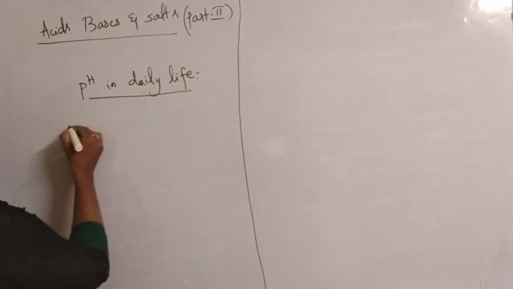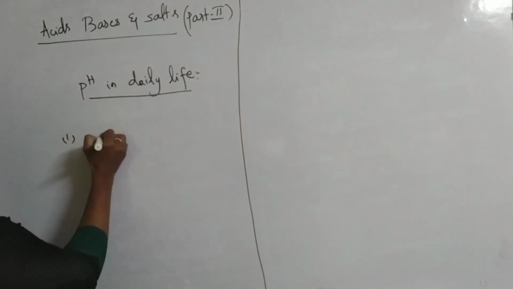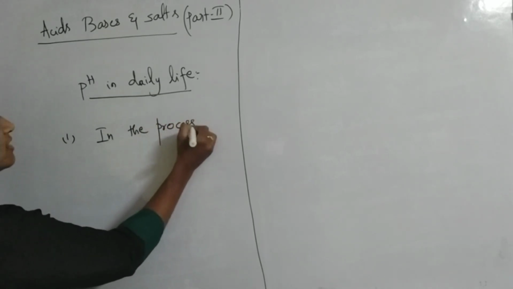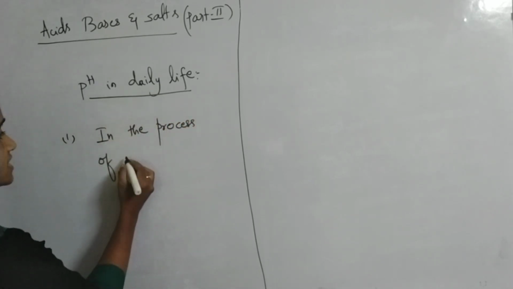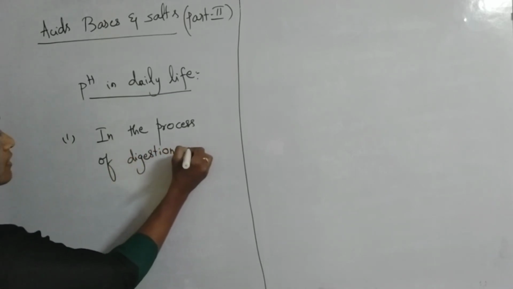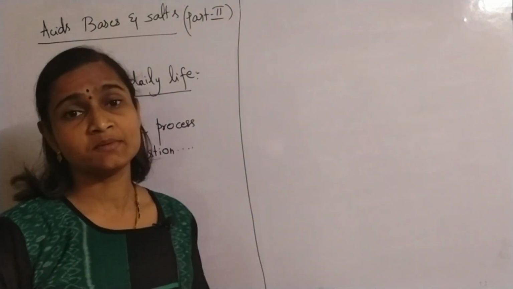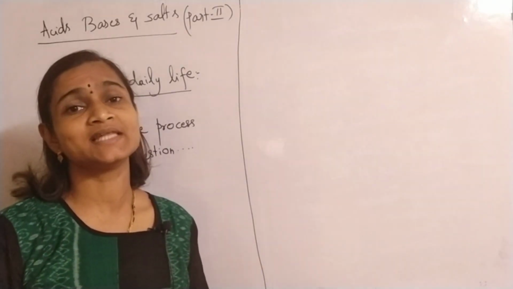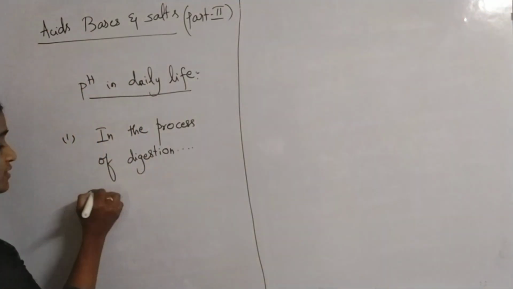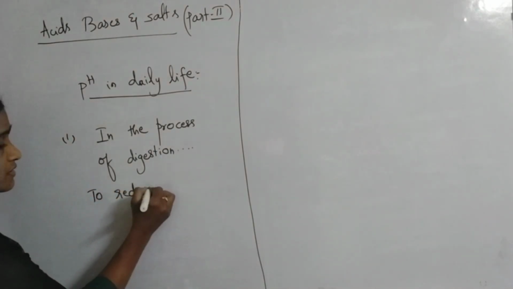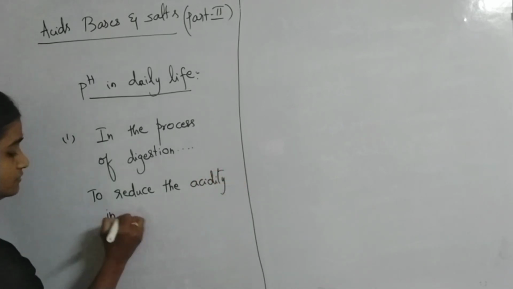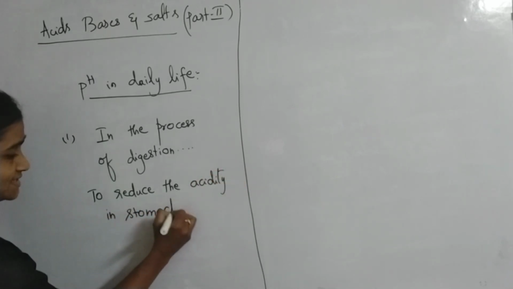So in the process of digestion, the concept of pH is used. In order to reduce the acidity in our stomach, we use certain antacid tablets like Eno, you all know, isn't it? To reduce the acidity in our stomach, we use antacids.